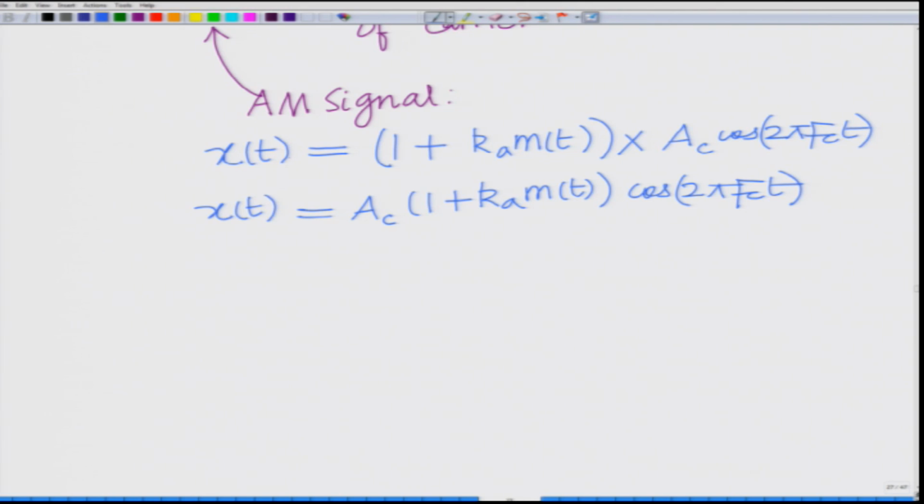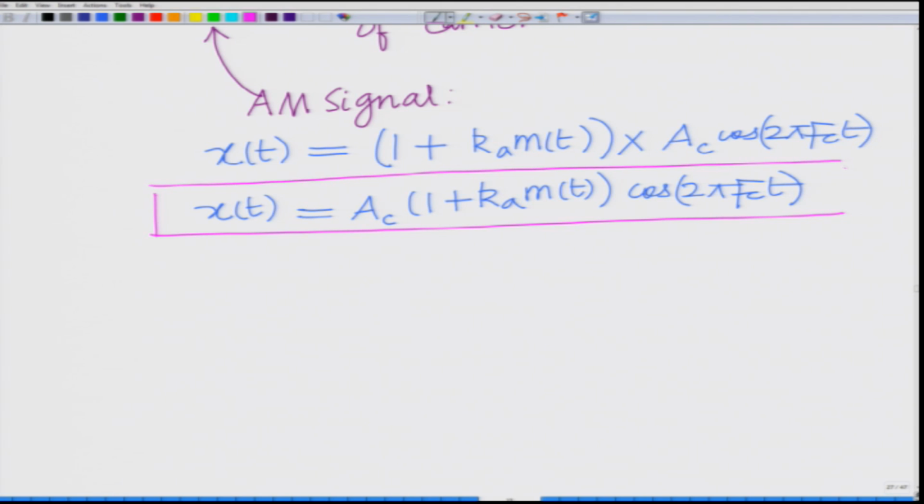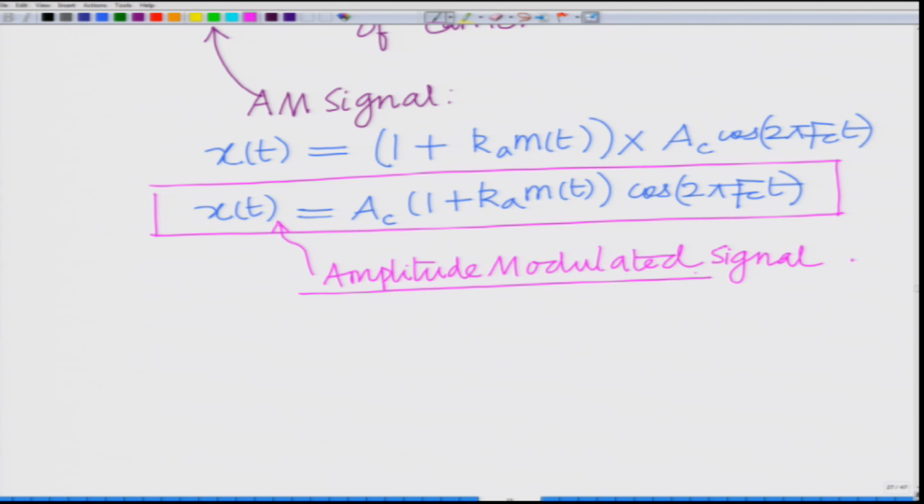This is the standard form, or the canonical form, of the amplitude modulated signal.